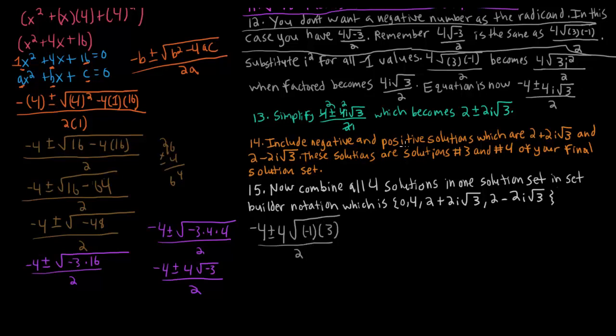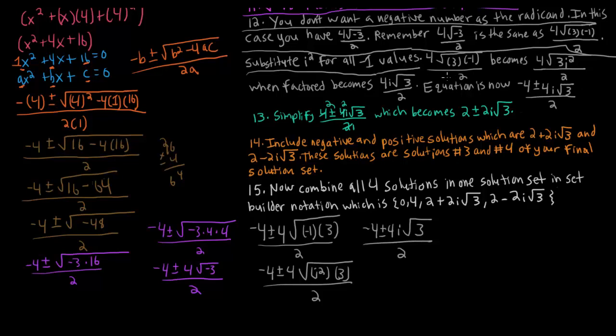And then we can go ahead and substitute i squared for all negative 1 values. So if we do that, we have negative 4 plus or minus 4 square root of i squared times 3 over 2. And if we keep simplifying that, i squared just becomes i, and then square root of 3, all over 2.